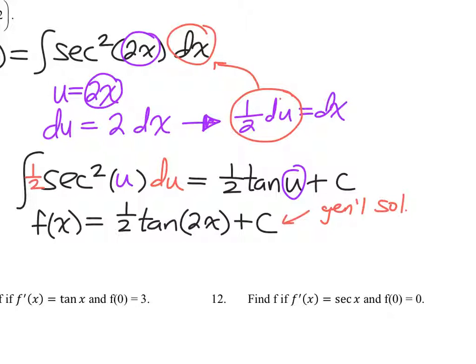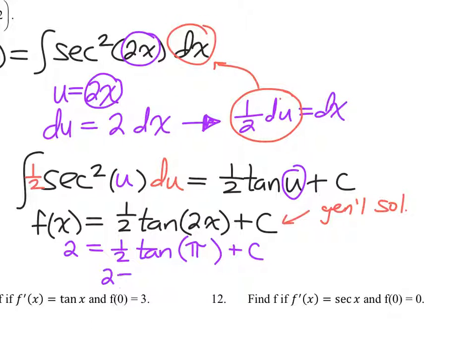So anyway, now we could do the substitution. It's going to be 2 for the y is equal to 1/2 tangent. I'm multiplying 2 by pi over 2 because the x value is pi over 2. So 2 times pi over 2 is pi. And what is the tangent of pi? 0.